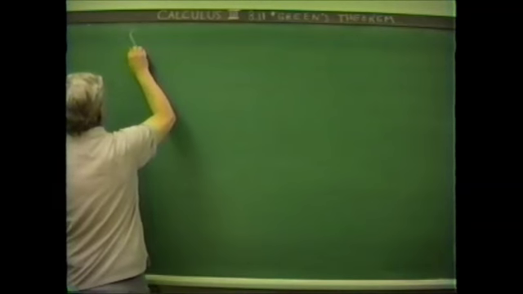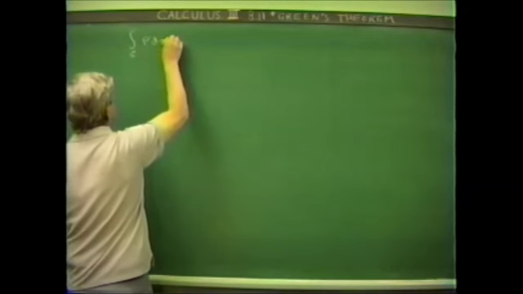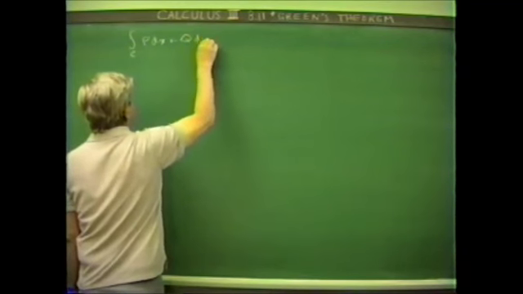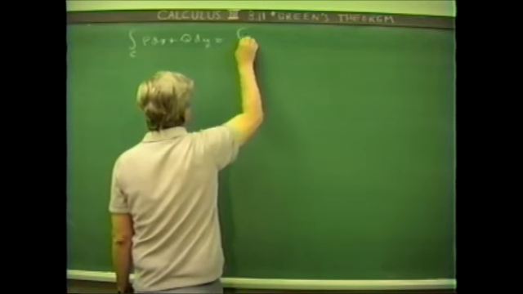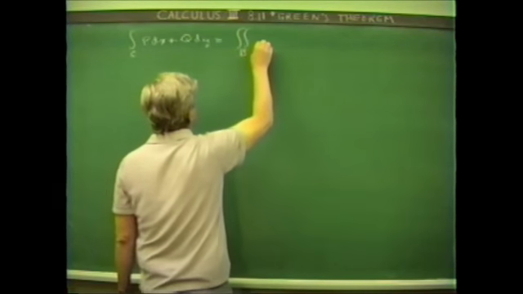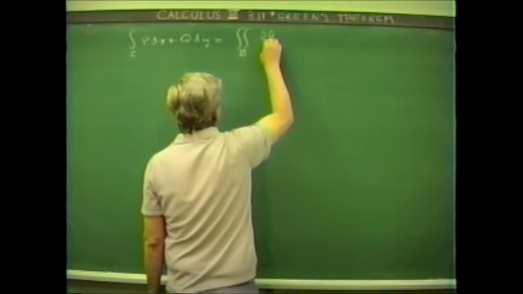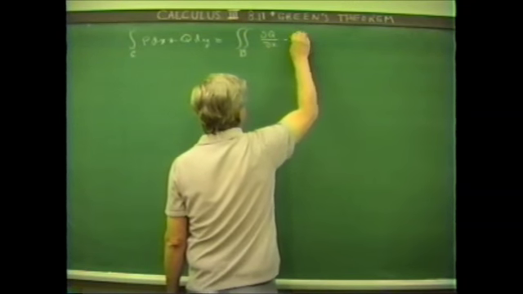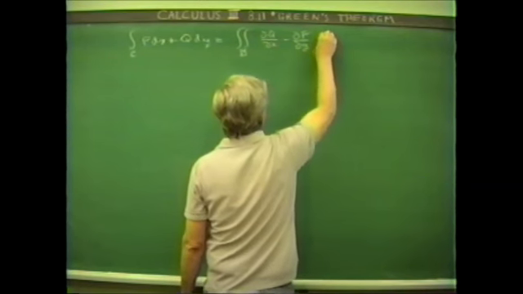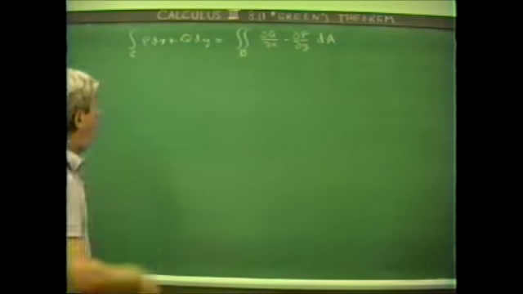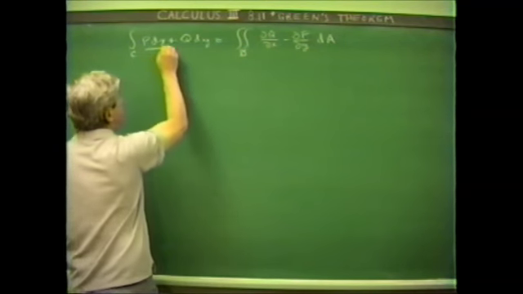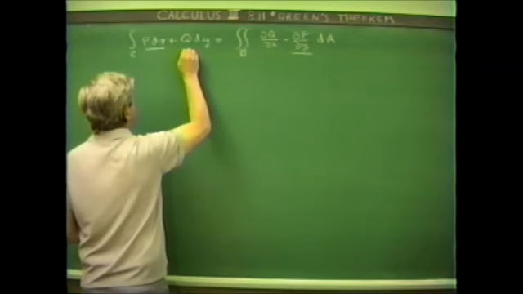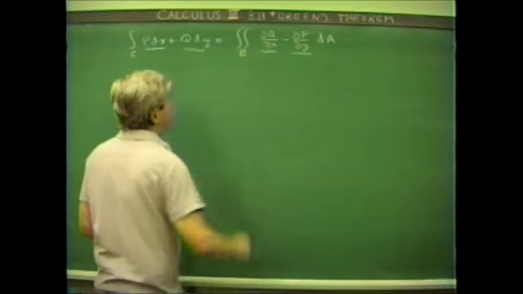Green's theorem says that the integral around C of P dx plus Q dy is equal to the double integral over B of the partial of Q with respect to x minus the partial of P with respect to y. And this is an area integral. Recall that Green's theorem is proven by showing that this integral is this integral, and that this integral right here is this integral right here.